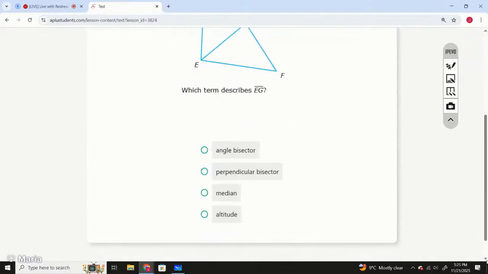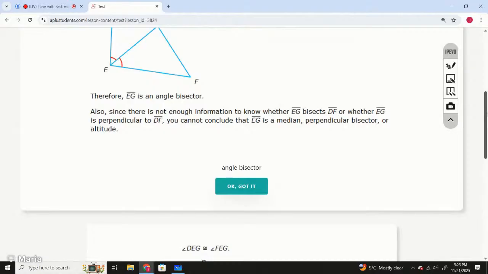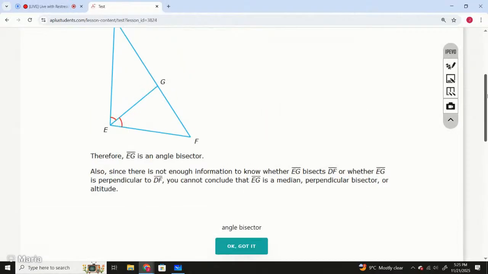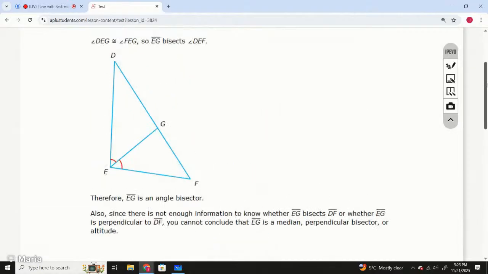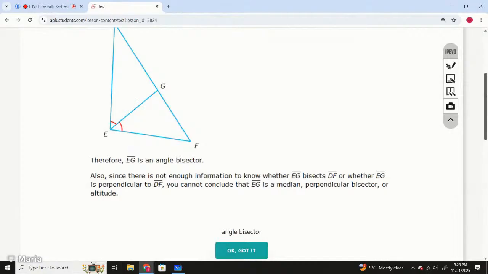I forgot the names actually. Median it is. The correct option is median. Why not median? Oh, angle bisector. So EG is an angle bisector. Okay.